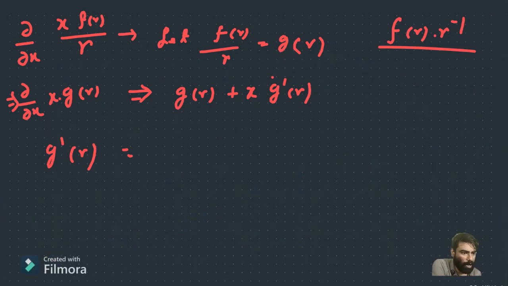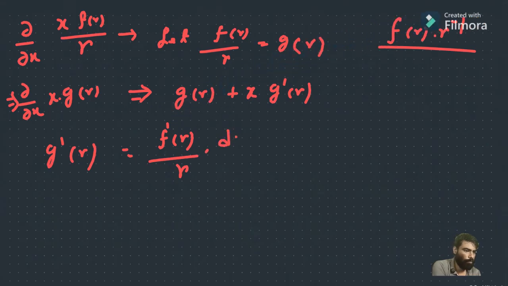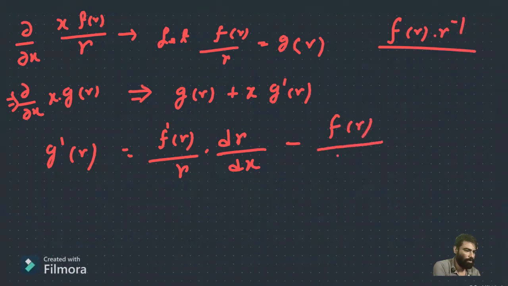So what will g prime(r) be? We keep r as it is and take the derivative of f(r), and then, since we are differentiating with respect to x, we add minus f(r) by r square dr dx.